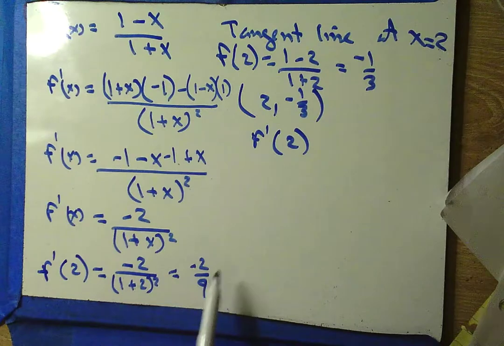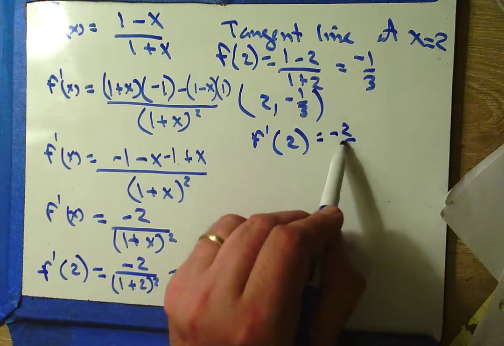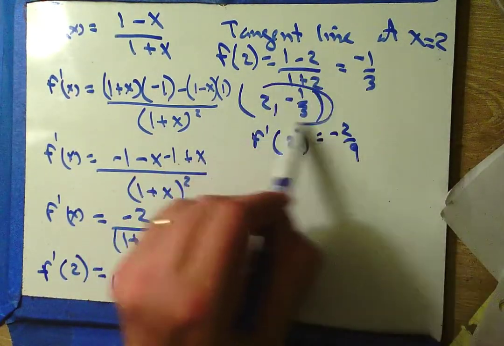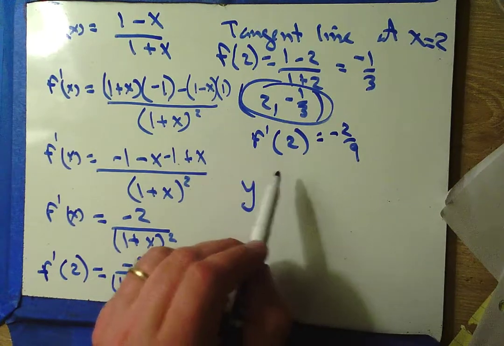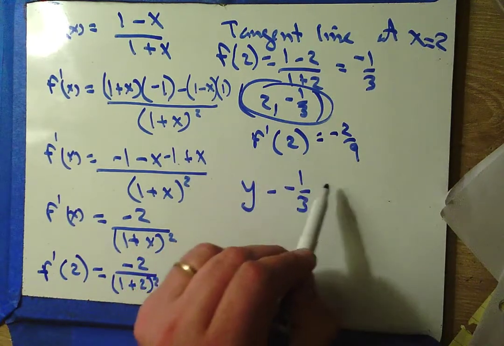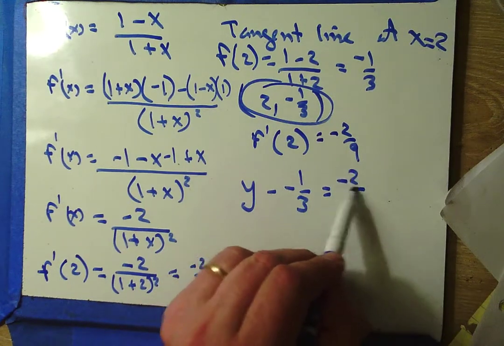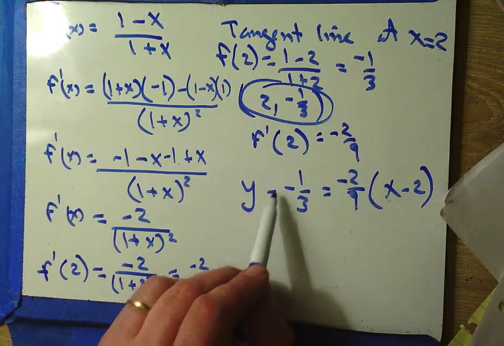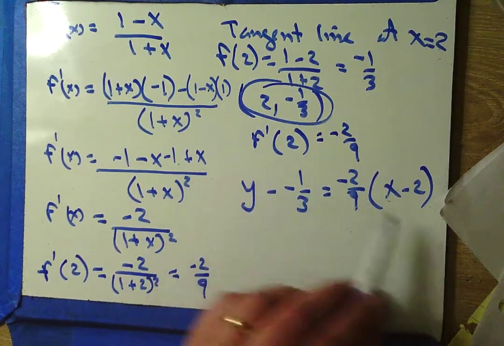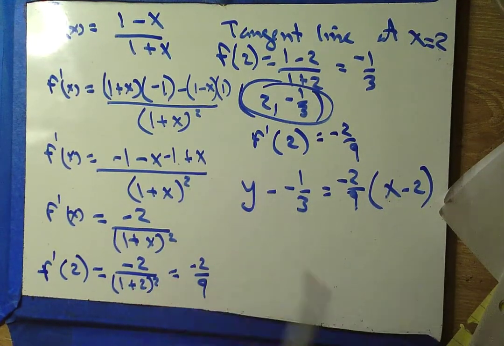So there's my slope. There's my ordered pair. Here's me writing the tangent line. y minus a minus 1/3 equals negative 2/9 times x minus 2. And you're welcome to tidy this up. You're even welcome to get it in y equals form. I'm not going to. I'm leaving it alone.